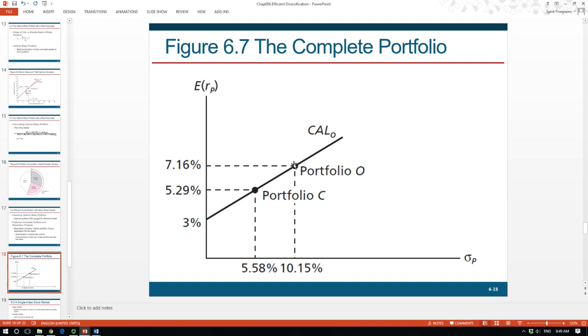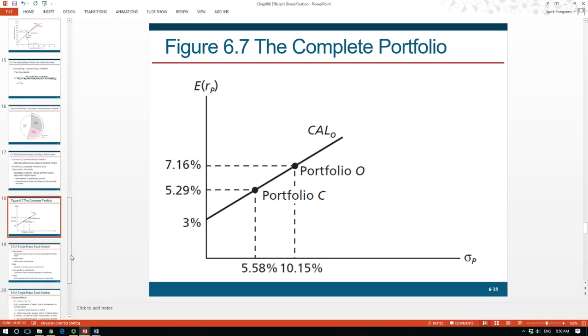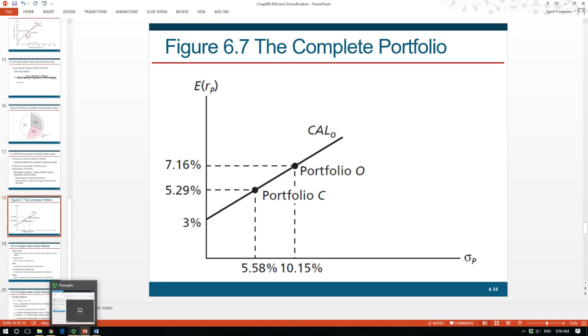If they want to bear more risk, they move along this line to have more exposure to risky assets. But if they prefer a lower amount of risk, they should allocate more assets in the risk-free asset. So that is a discussion on how to make a portfolio choice from the optimal combination of risk and return trade-off.